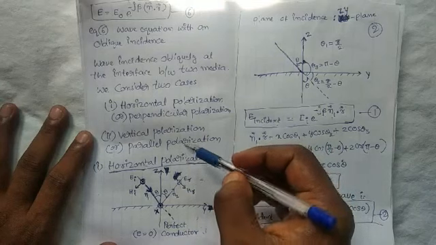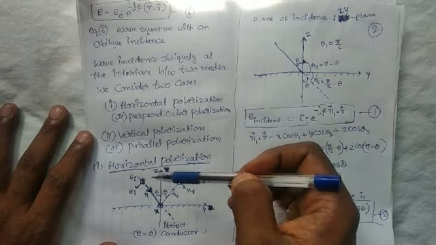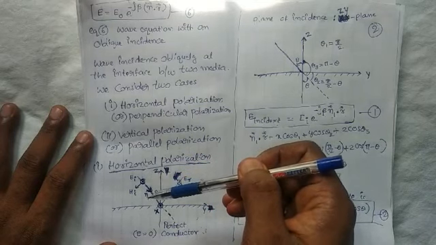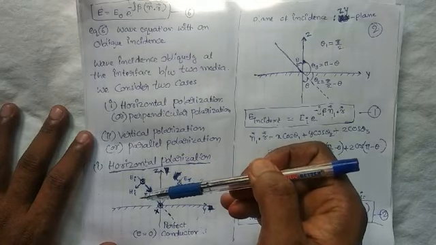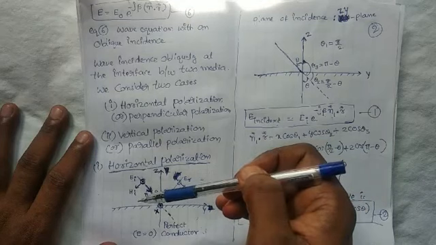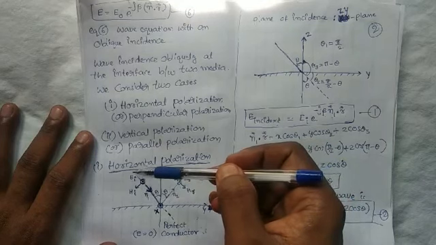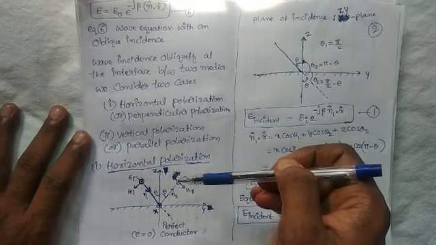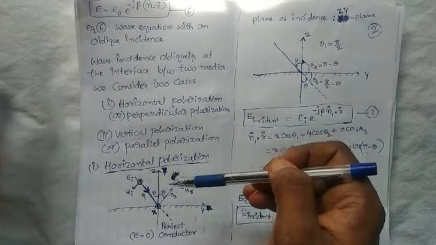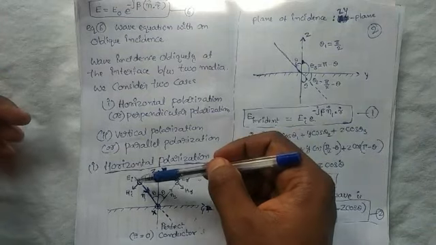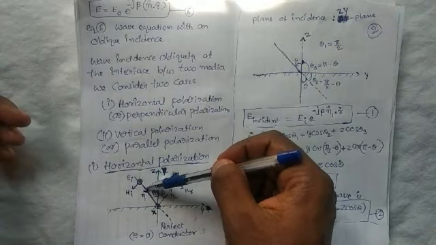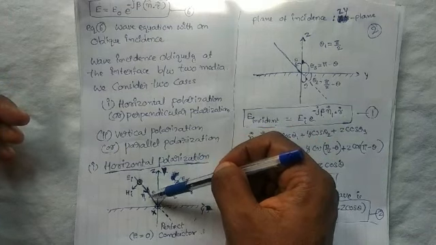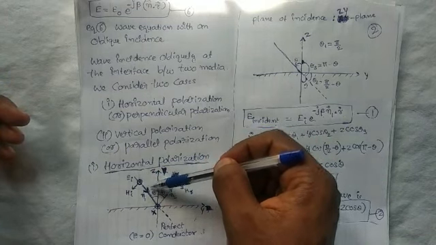Now we are indicating the direction of propagation of the wave, the electric field and the magnetic field, for both the incident and the reflected wave. The arrow on the incident wave indicates the direction of propagation.